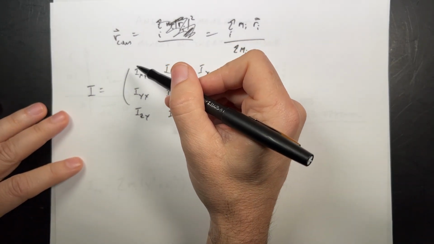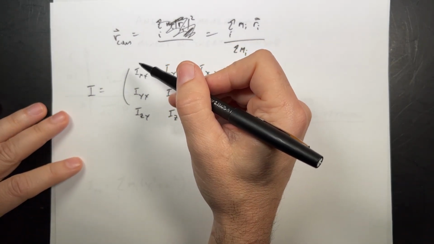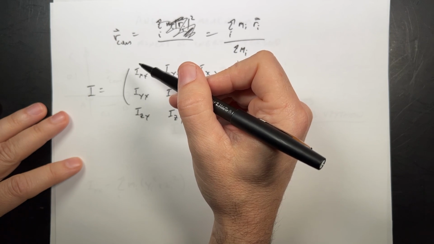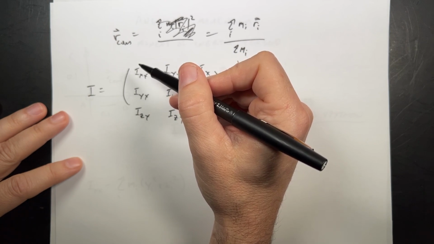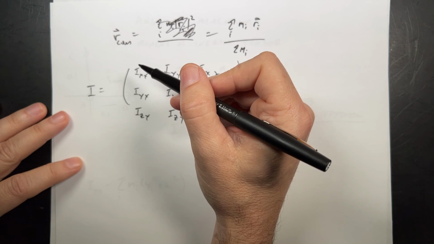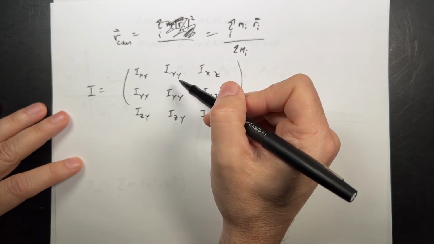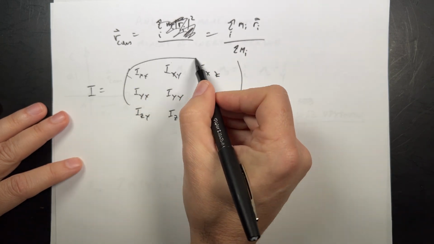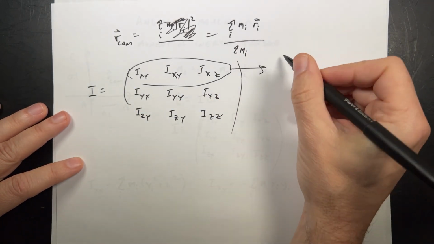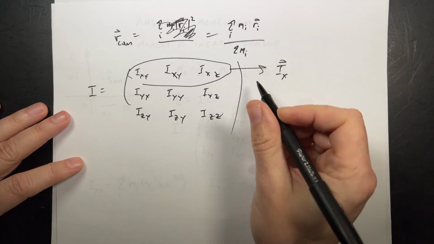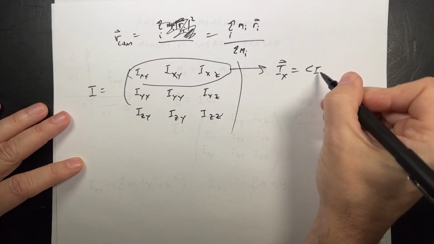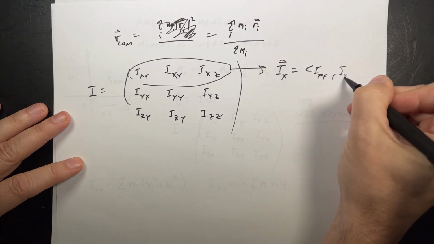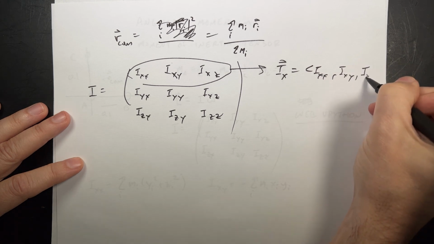Let's see the way I'm going to do it. I'm looking at the way I did it before. I'm going to call this the vector IX. So they'll have components IXX, IXY, IXZ.